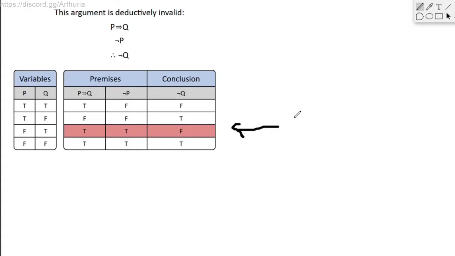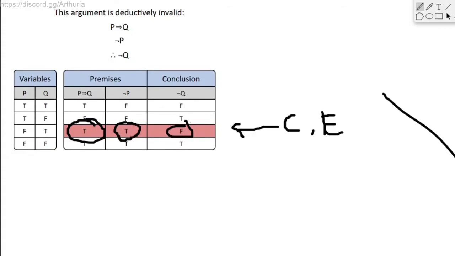We see in this example we have a case where the premises are true together and the conclusion is false. So this is invalid. This is bad mojo. You don't want this. So that's what makes an invalid argument: when you have premises that are all true together, and the conclusion is false. That's what invalidity means.